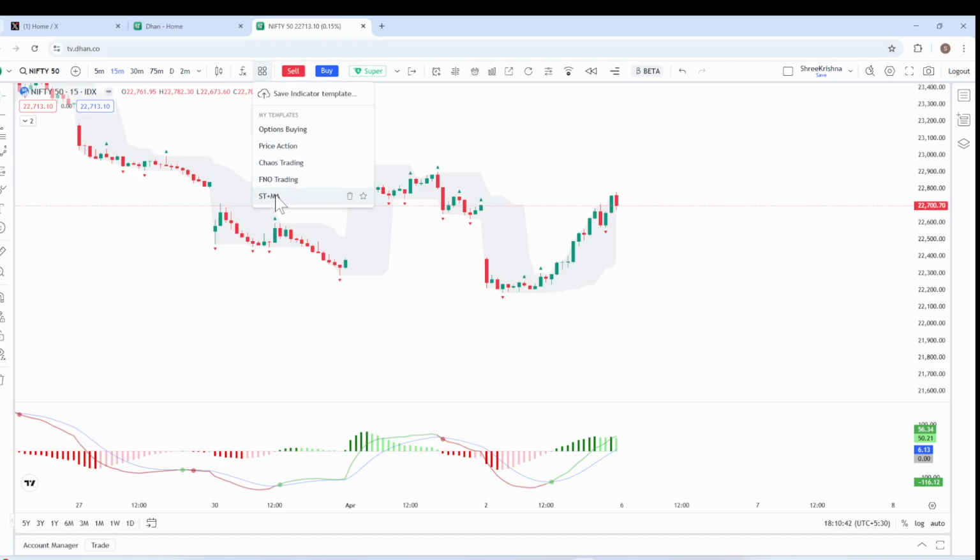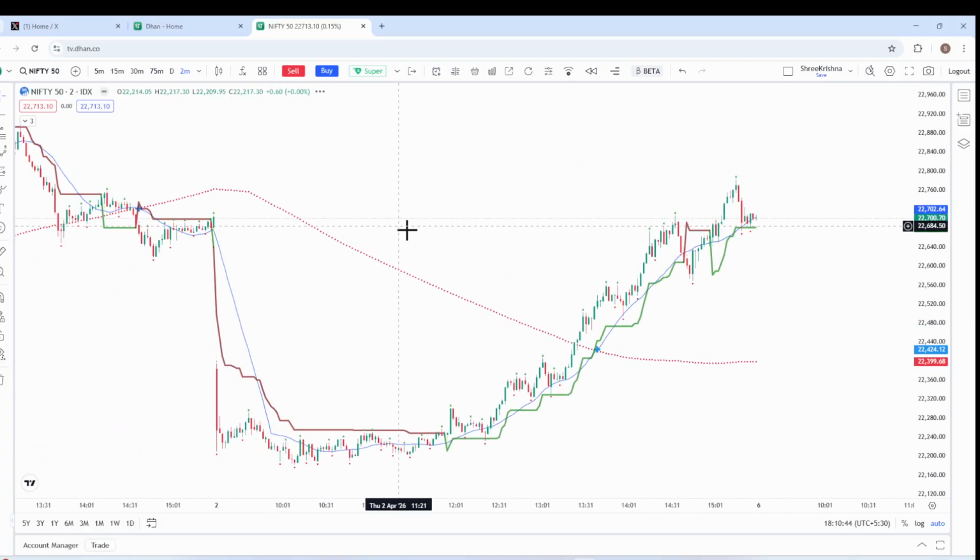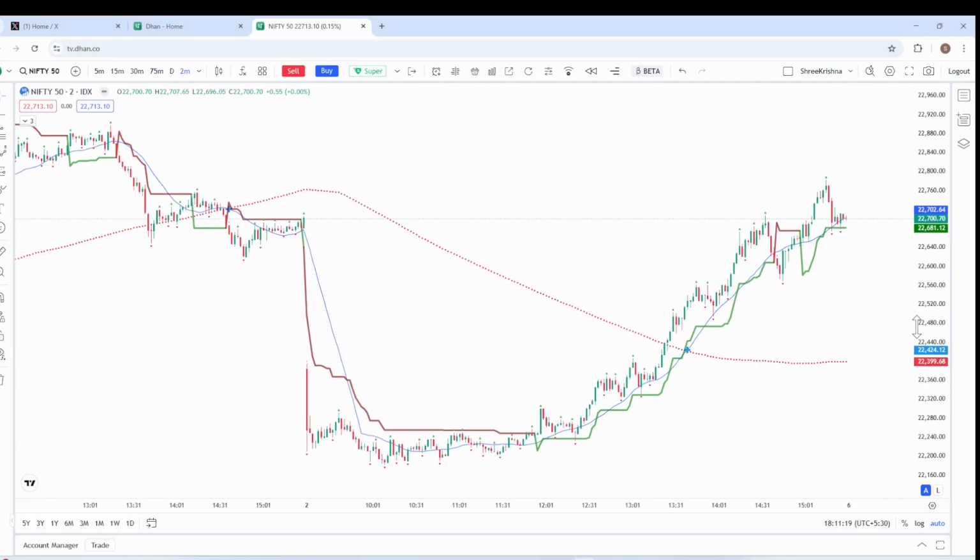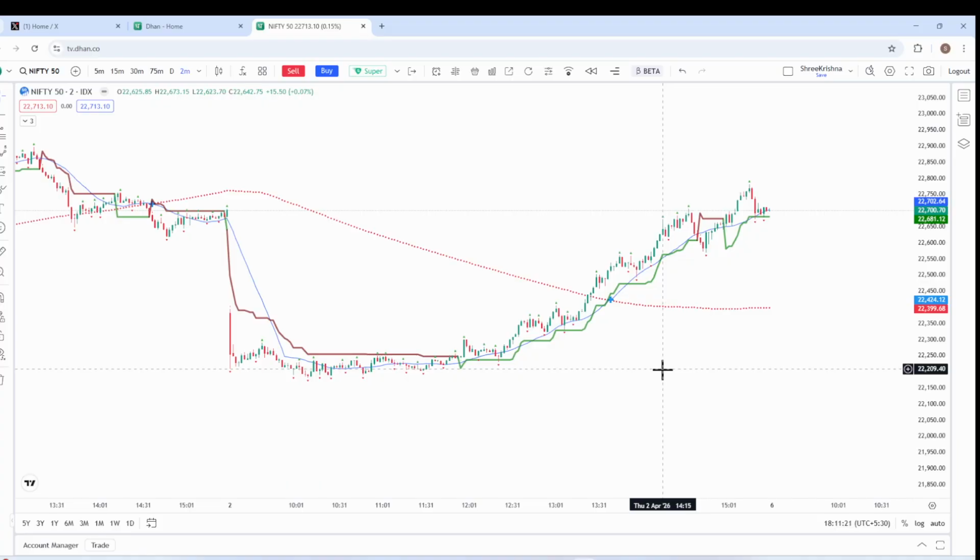Then I have super trend and moving average. Again, it is on 2 minutes. So again on the super trend and moving average, if you see carefully, this is the first fractal upside the super trend, and you are buying the close above this.